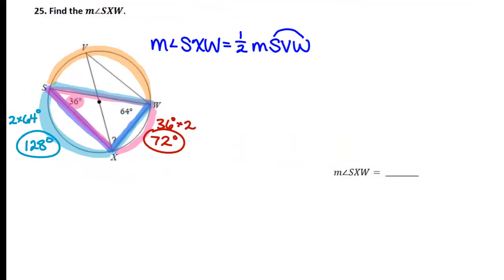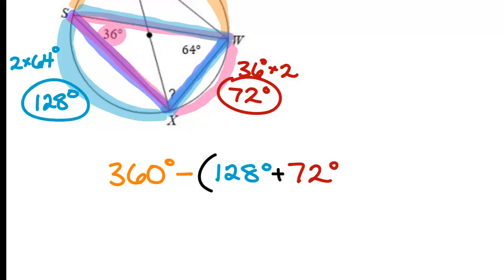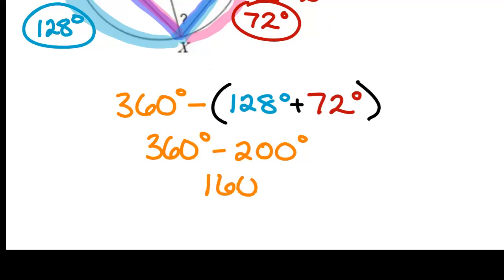Now do I have enough to be able to figure out how big that orange arc is? Yes. We're going to do 360 minus, and then we need to combine that 128 and 72 together. So that would be 360 minus what? 200, which gives me 160.